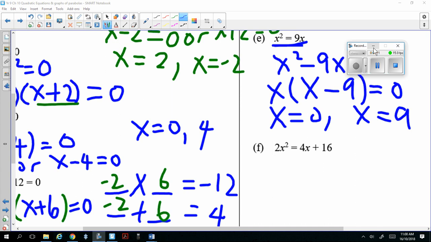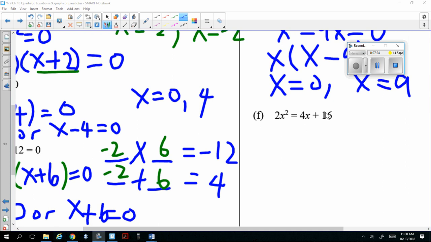You have to put it in standard form first. Okay, I'm going to ask Peter, how do I put it in standard form? Yep, so move this 4x to the left side, which is negative 4x, and then minus 16 equals to 0.